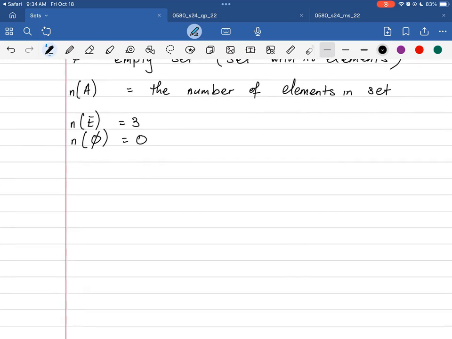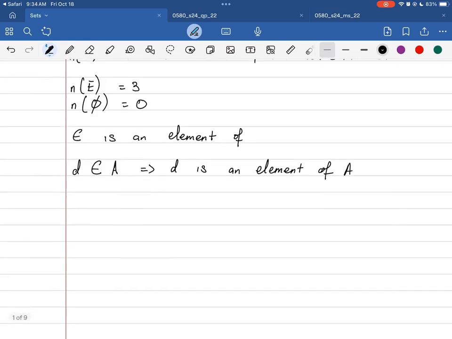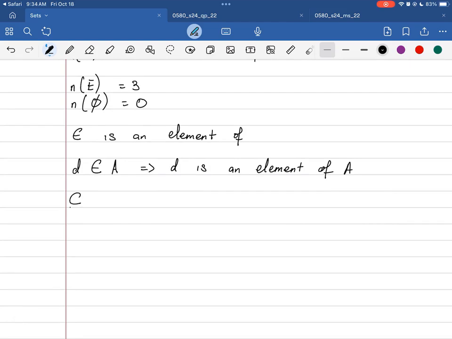This sign means "is an element of". So if you had, say, the letter D and a set A, this means D is an element of A. If you had this, like a C with an underline underneath, it means a subset.